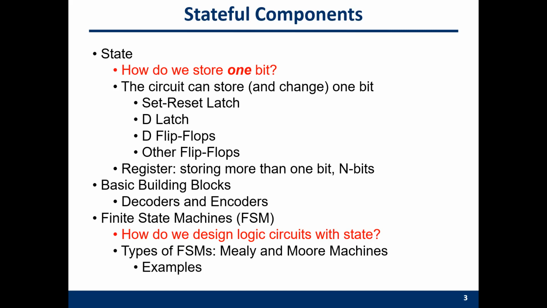And then we need a finite state machine to control the circuit. So in this lecture, we will cover two types of finite state machine. One is the so-called Mealy machine. The other one is the so-called Moore machine.